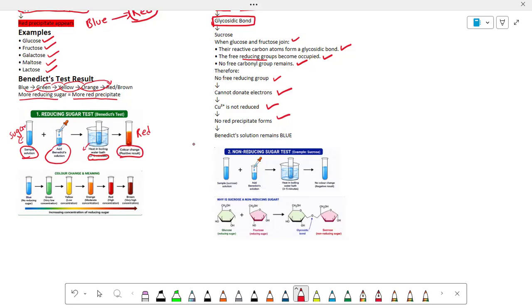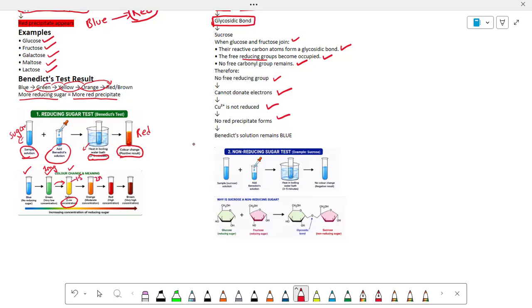So you can see here the color changes and what they mean. Blue means we have no reducing sugar. When it changes into green, it means a very low concentration of reducing sugar. And when it comes to yellow, it means more than green, but still a low concentration of reducing sugar, a little more than green. Maybe if green is 1 mg reducing sugar, yellow may have 1.5 mg.